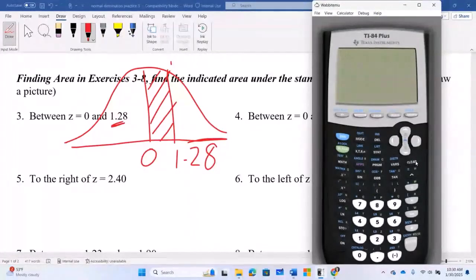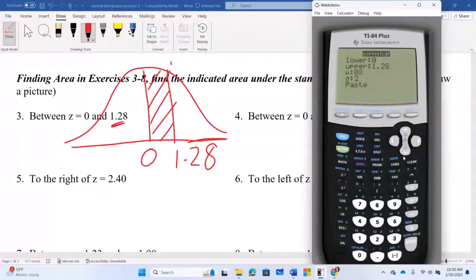So the area between 0 and 1.28. I can just go to second vars, choose number 2, and the lower bound is 0 because 0 is less than 1.28. The upper bound is 1.28. And the mean of a standard normal is 0.